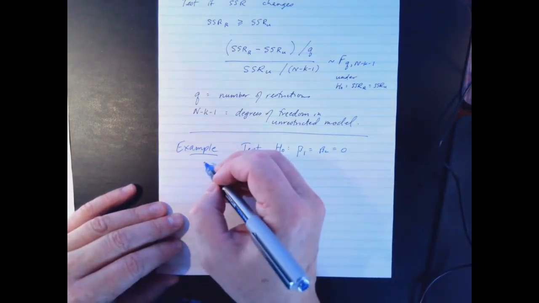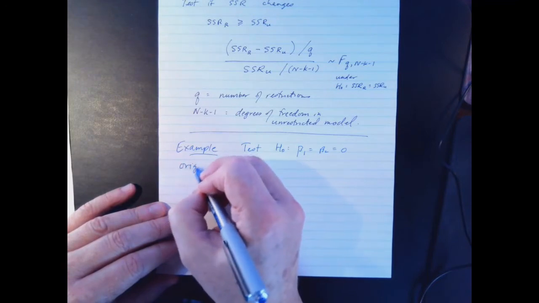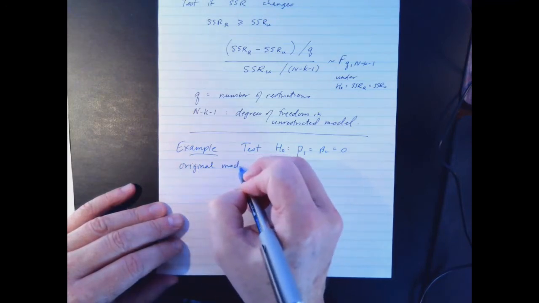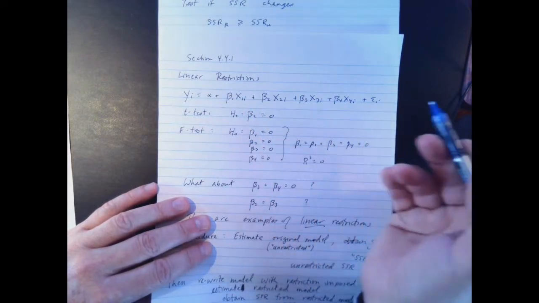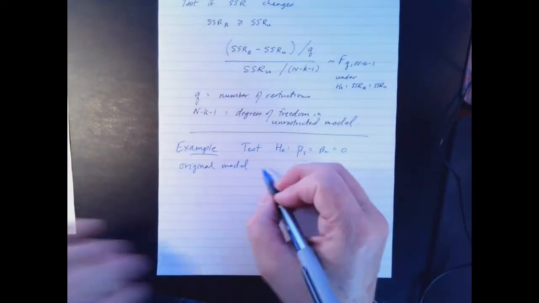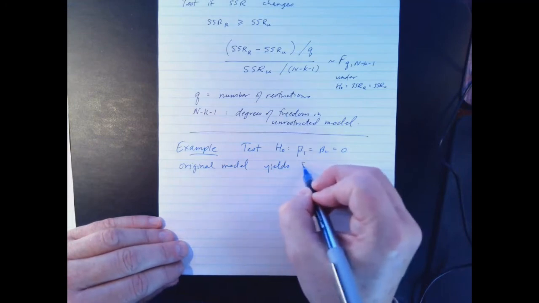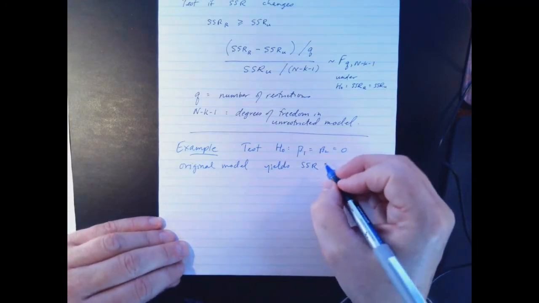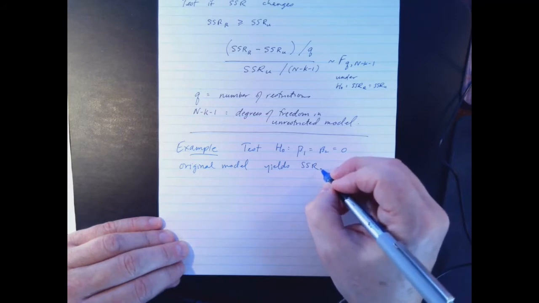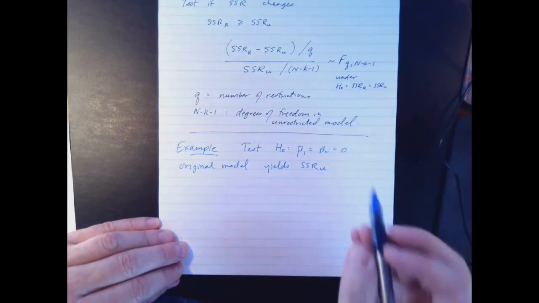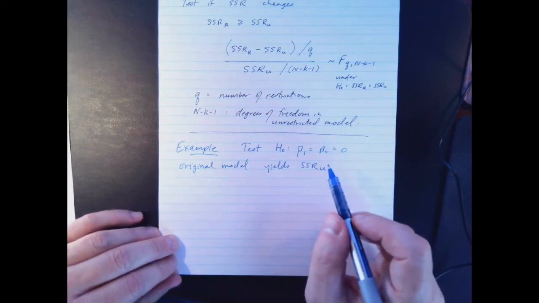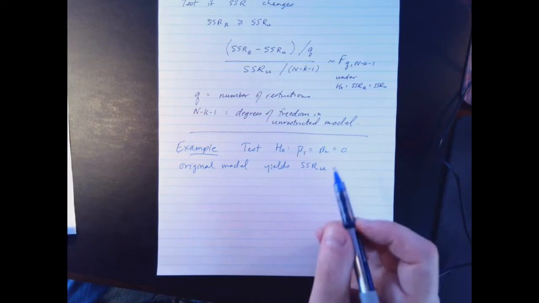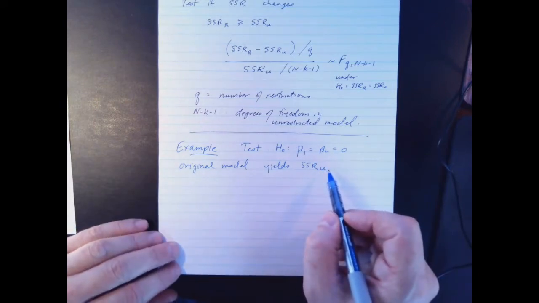So we have the original model, and I'm going to always refer to that as the original model, just a linear regression with 4 variables. That yields the sum of the squared residuals in the unrestricted case. In the textbook, he puts the subscript UR, and I find that just makes it a little confusing between restricted and unrestricted, so I just call it U.